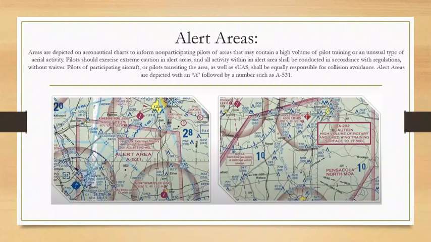So pilots of participating aircraft or pilots transiting the area, as well as SUASs, shall be equally responsible for collision avoidance. Alert areas are going to be depicted with an A followed by a number, such as if you see in the bottom left-hand corner, an A531, or if you look over in the right-hand image, you can see an A292.